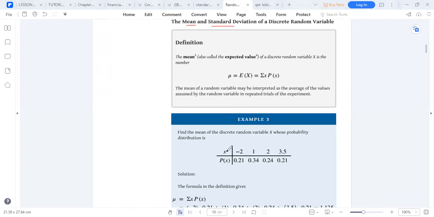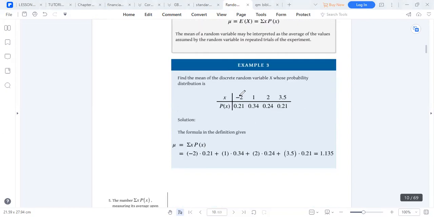Here are given values of x and the probabilities of x. We simply multiply this by that, plus this by that, plus this by that. The total is called our mean. As simple as that.